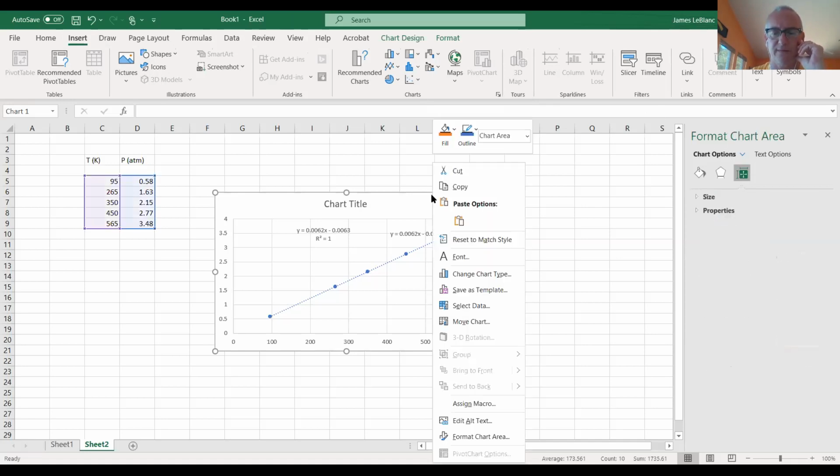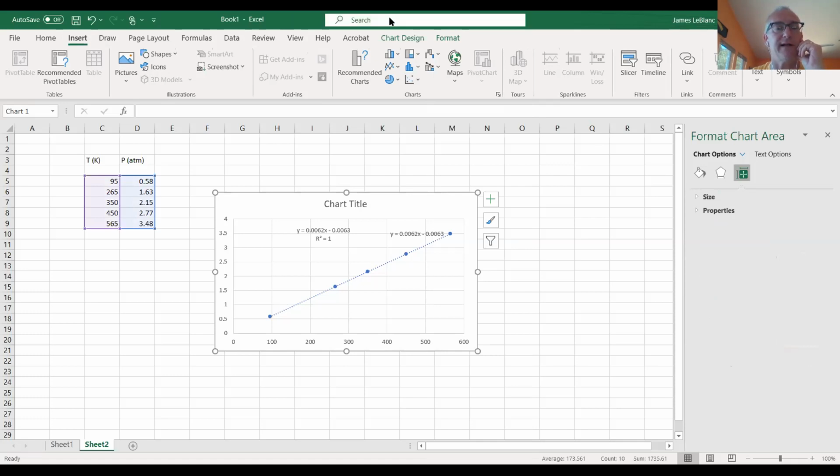Because if you right click, it doesn't have add chart element. No, it doesn't. So it looks like the only way that I can figure out how to do it is to do a search for trend line. And then it does it. But you're looking for add chart element, and I cannot find it anywhere.